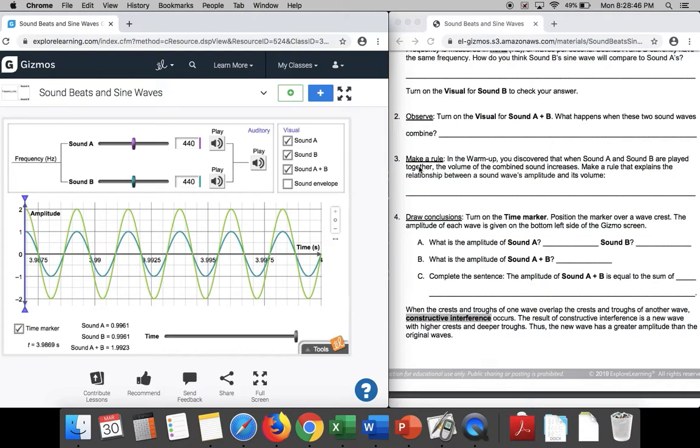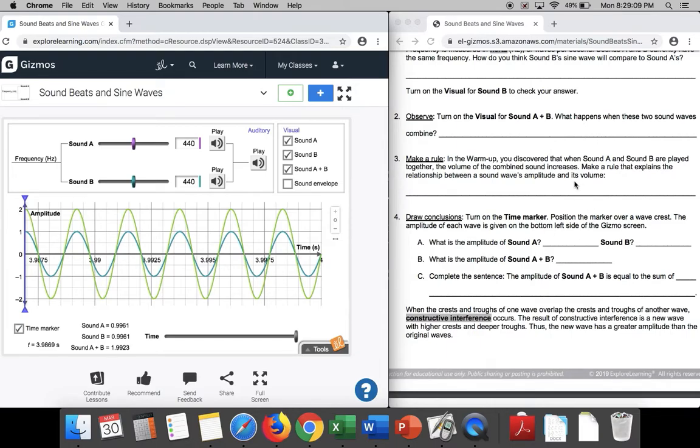It says in the warm-up you discovered that when sound A and B are played together, the volume of the combined sound increases. So make a rule that explains the relationship between a sound wave's amplitude and its volume. Remember, volume is referring to loudness. Amplitude and loudness go together.